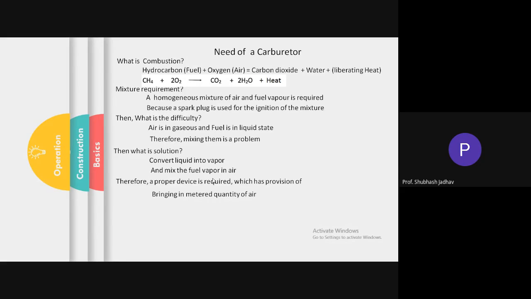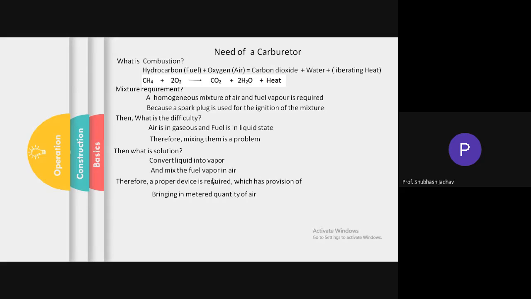Therefore, we are going to convert the liquid initially into vapor, and then that vapor can be mixed with the gaseous air. So now air and fuel vapor can be mixed, and that is where the requirement of a device comes into the picture, which we call a carburetor.